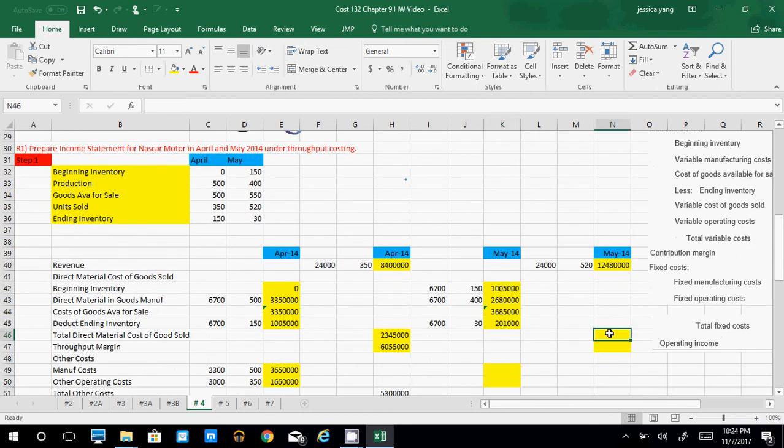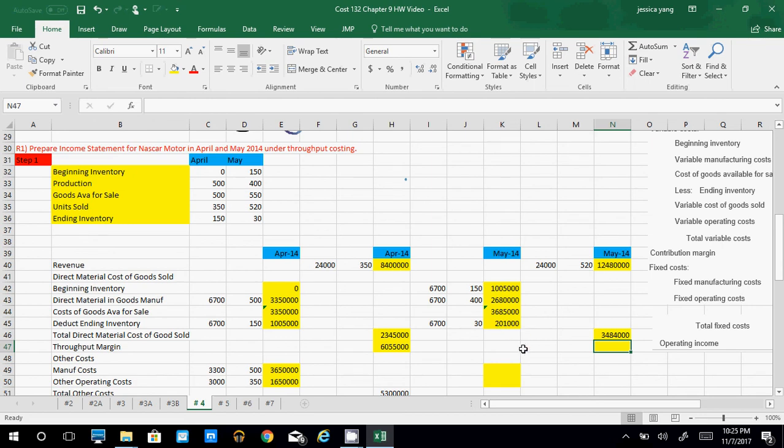To get total direct material cost of goods sold, we would take our cost of goods available for sale and subtract our ending inventory, which gives us an answer of $3,484,000 for total direct material cost of goods sold.